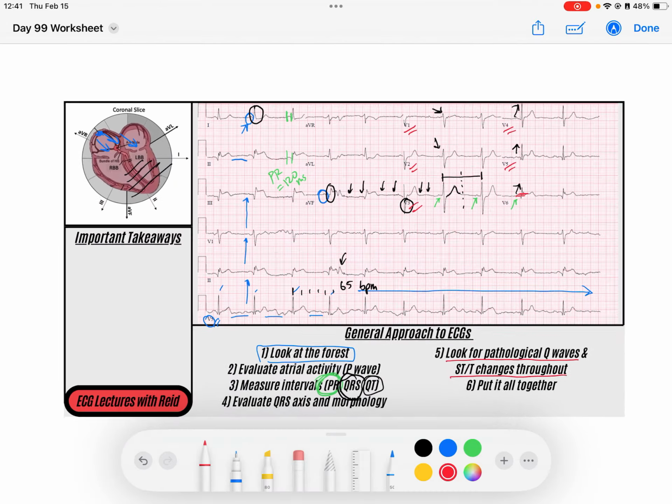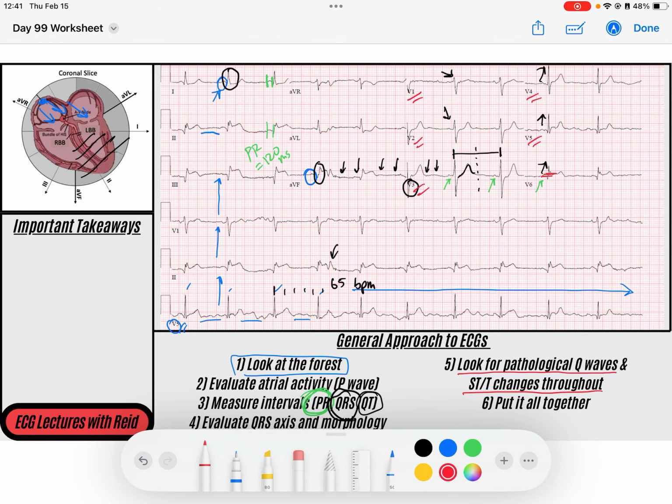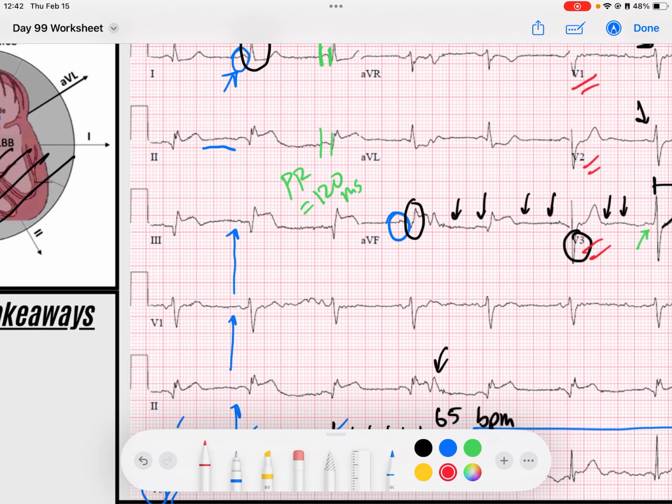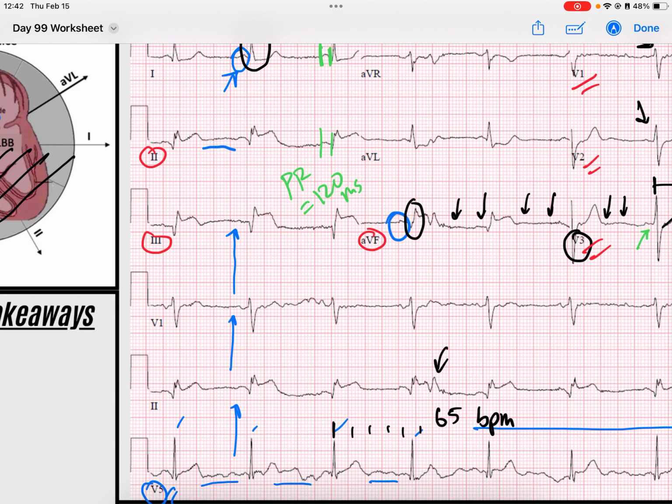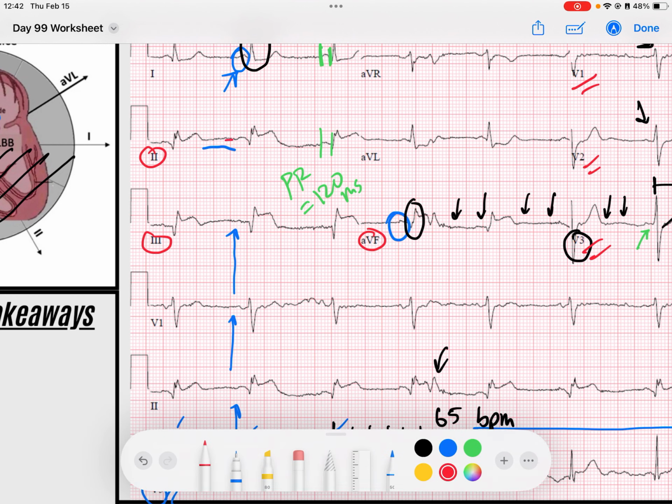Not a whole lot to make you think that we've got lateral infarction, especially with V5 being normal, but the inferior leads, which are leads 2, 3, AVF, I would say there is some ST elevation definitely in lead 3 and in lead AVF. And those T waves are awfully hyperacute. Look at the area under the curve of these T waves, a lot of area under the curve.